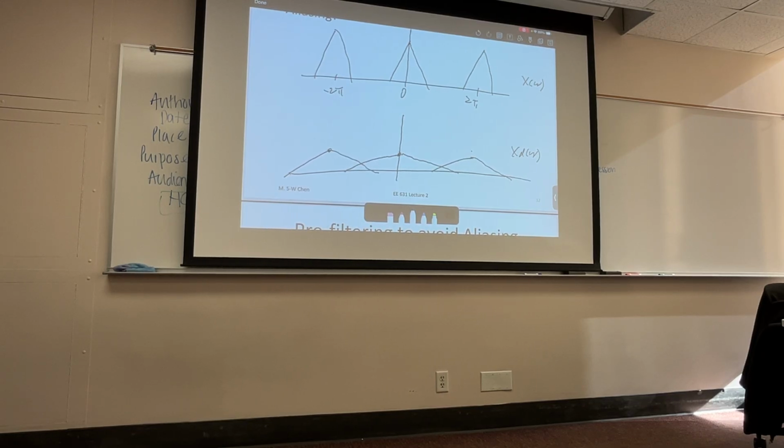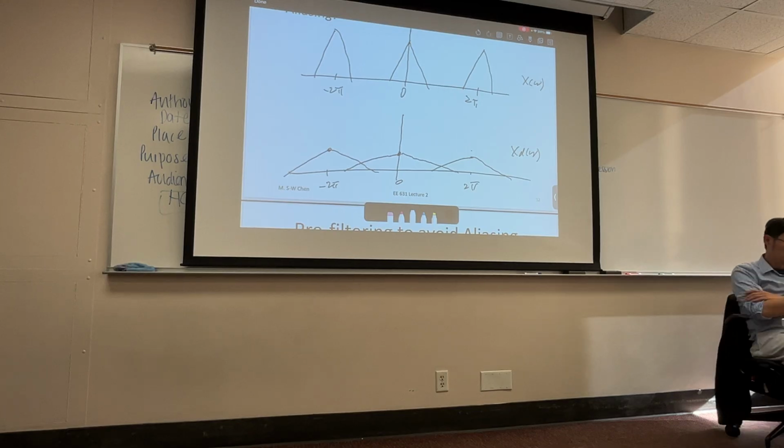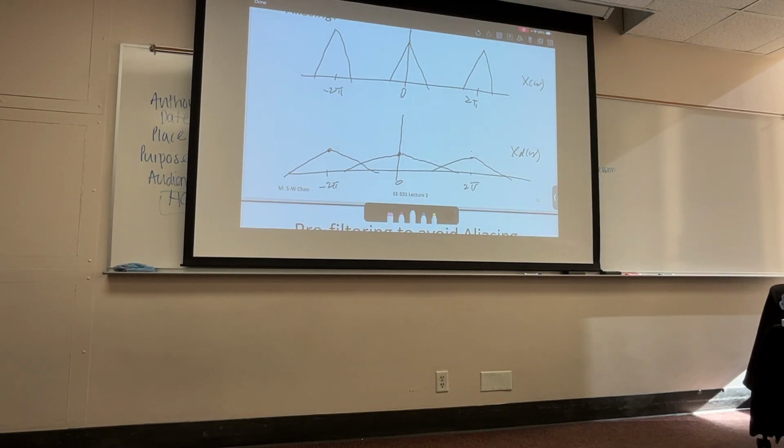Okay. There you go. Are we happy or we're not happy? Not happy. Why is it we are not happy? Aliasing, right? Whenever you have things collide with each other, like this, you know that you cannot recover back, right?